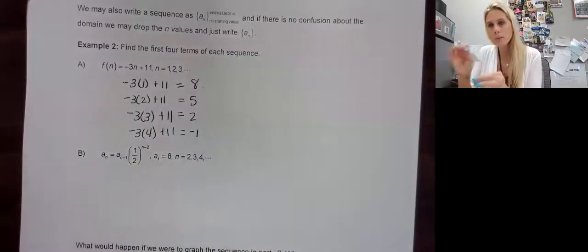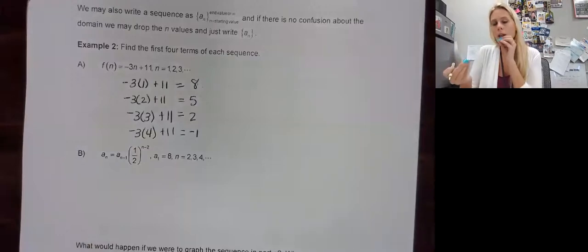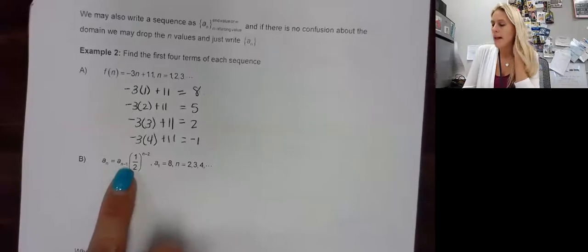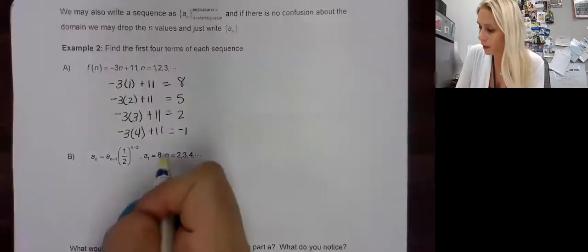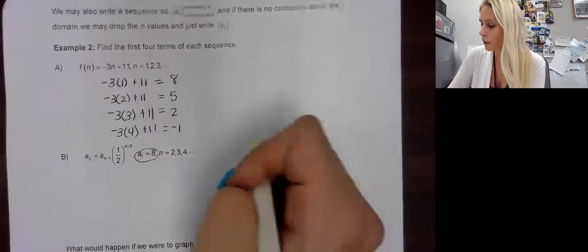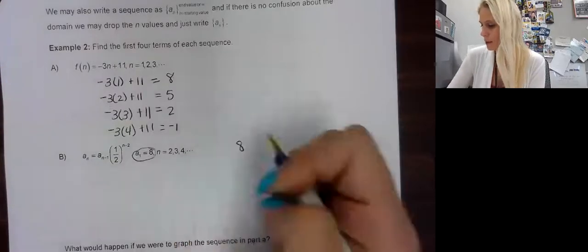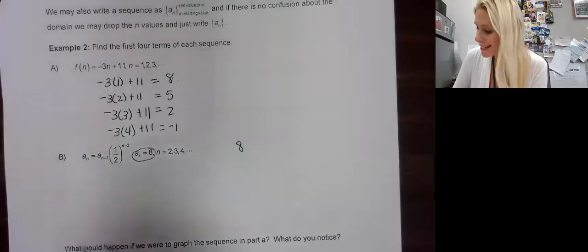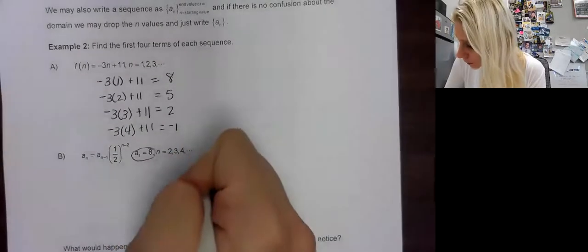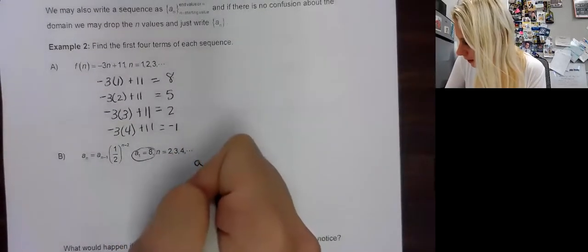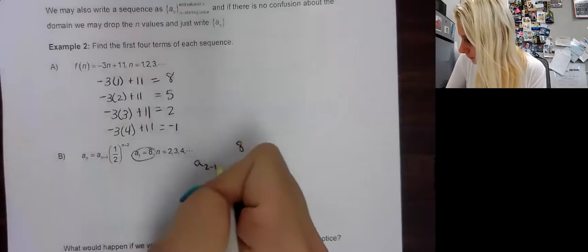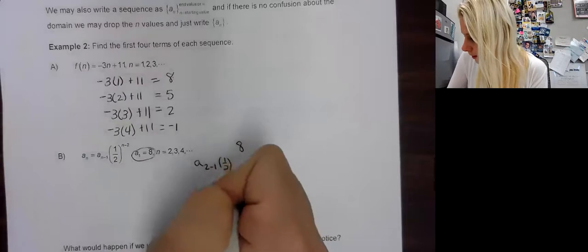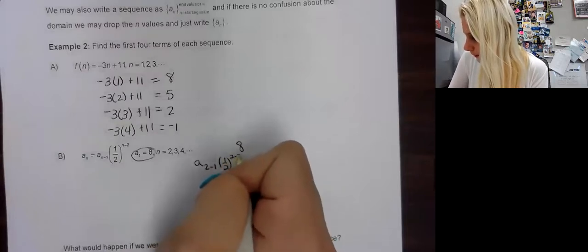Now it's a little bit more simple, but here you have to look at the complication of this. N, okay, first of all, this tells us that our first term is 8. So we're going to start out with 8 as the first term. The second term, what we do is we have a sub 2 minus 1 times 1/2 to the 2 minus 2.